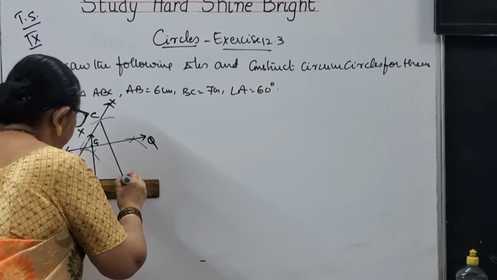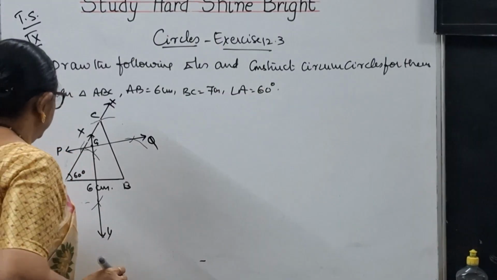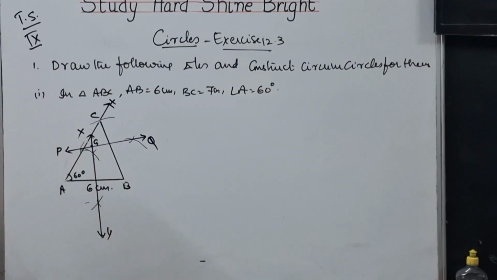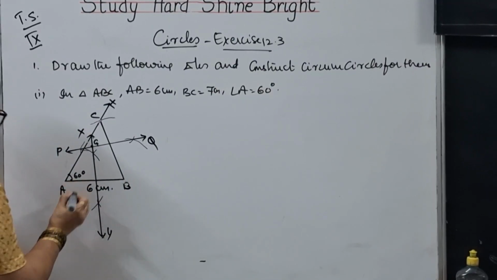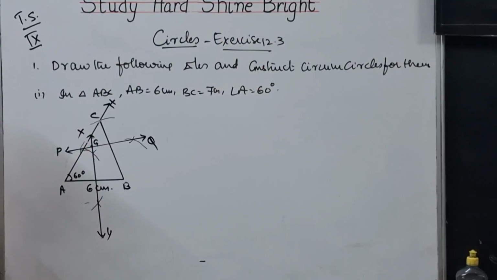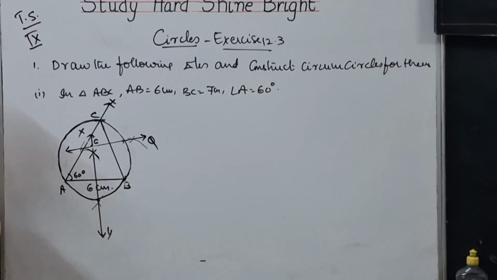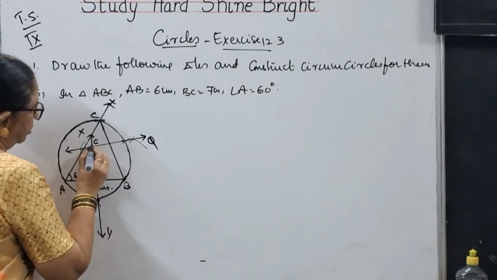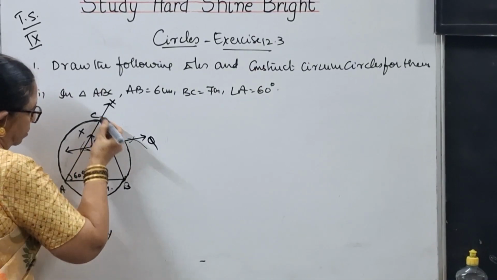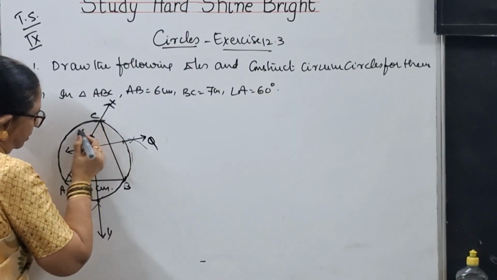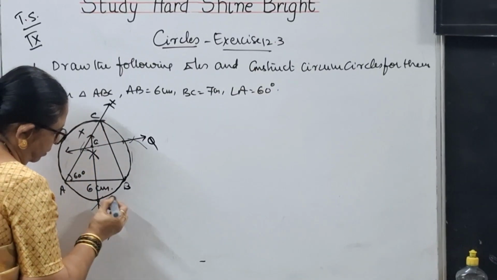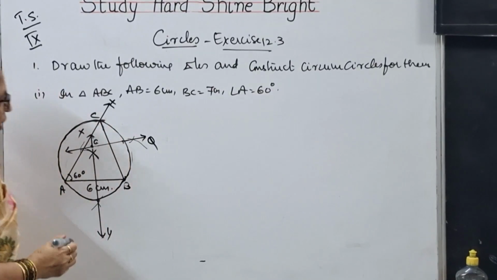G as a center, GA or GC, anything as radius, you have to draw a circle. Children, my board is very slippery. I tried my level best to draw the circle. G as center, GC as radius. If you draw a circle, the circle passes through A and B.